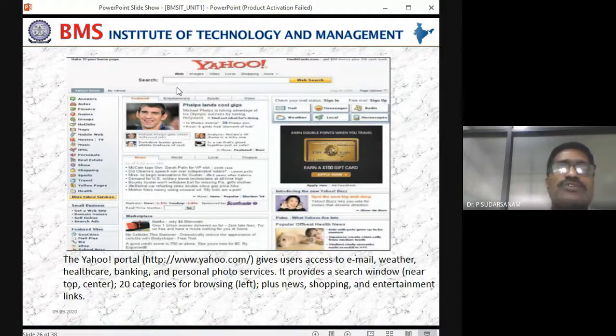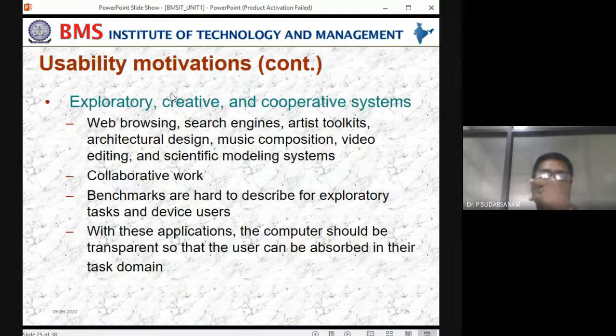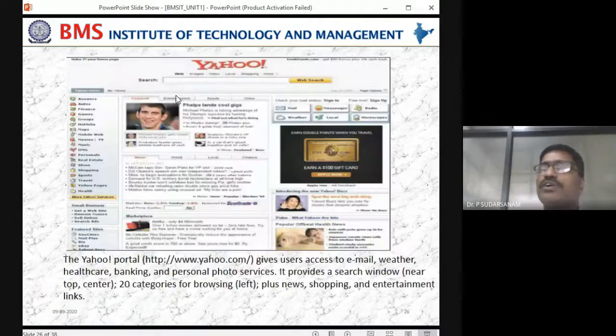So you need to show that exploratory, creative, and cooperative systems. The best example I can give nowadays is Amazon. There you are searching in one window, and on another side many advertisements are coming.